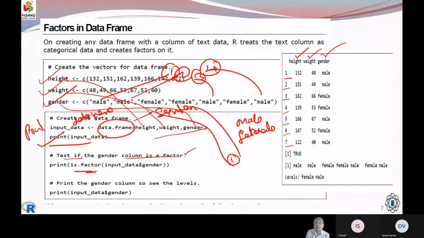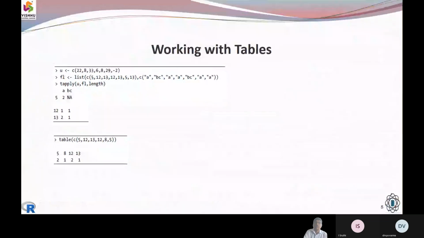Female occurrences 1, 2, 3. So how many levels are going to be there? There are only 2 levels here, 1 male level and 2 female level. So in this way, we are going to print the gender of an item in the form of factors.